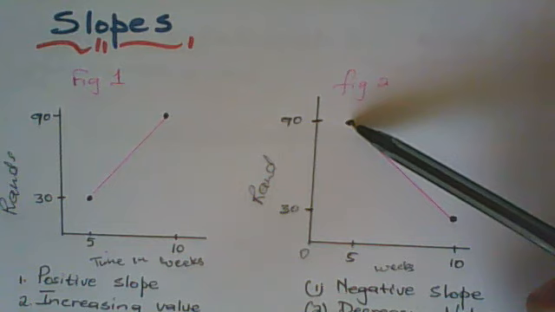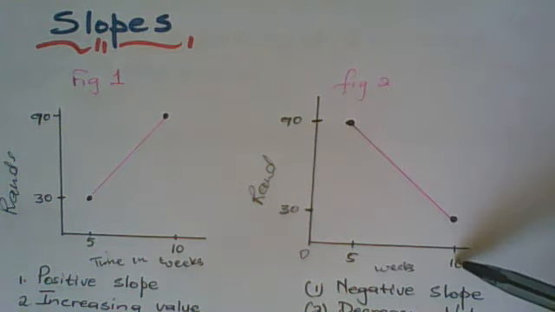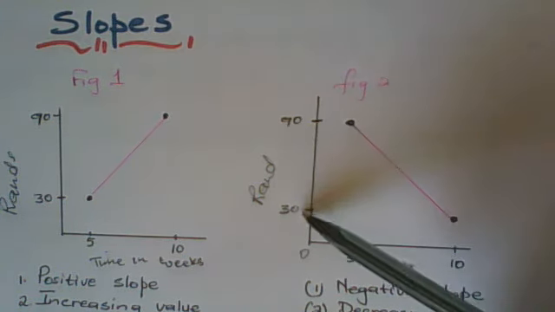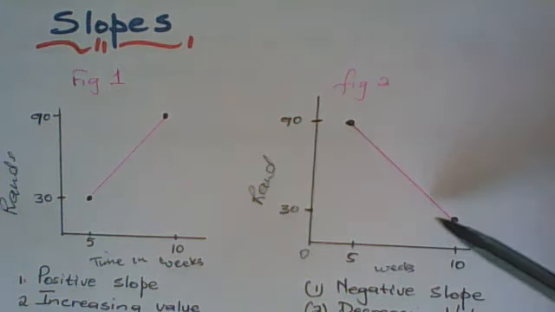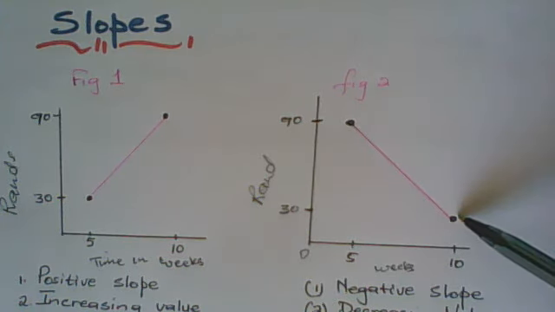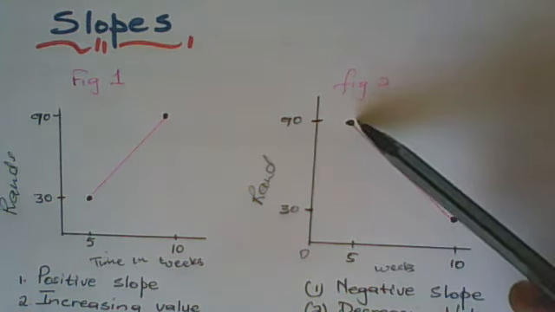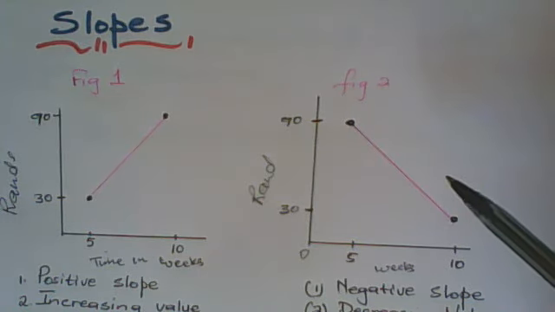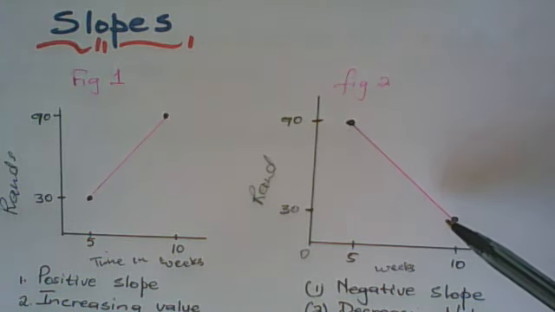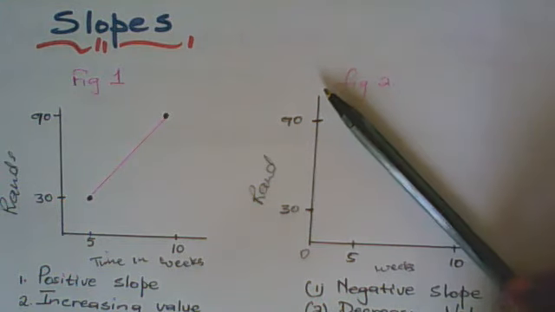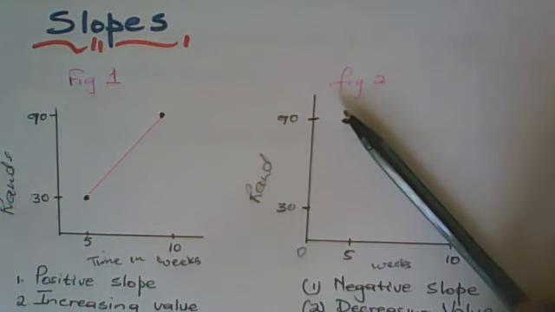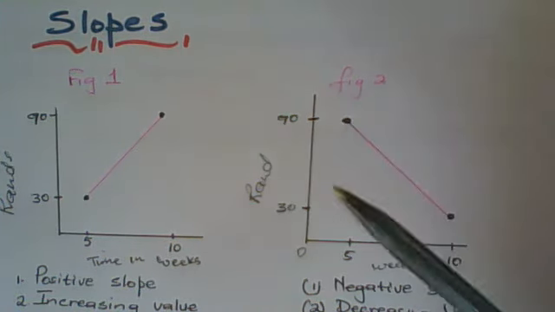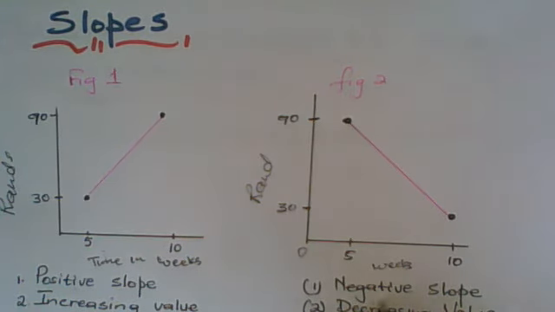At 5 weeks, he earned 90, and in 10 weeks, 30. Something happened: it declined, it decreases. So the slope is decreasing, and the slope will be negative.